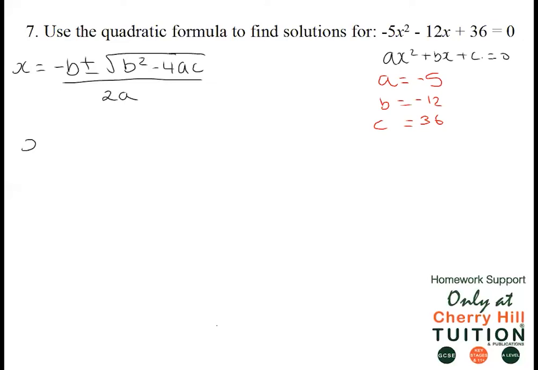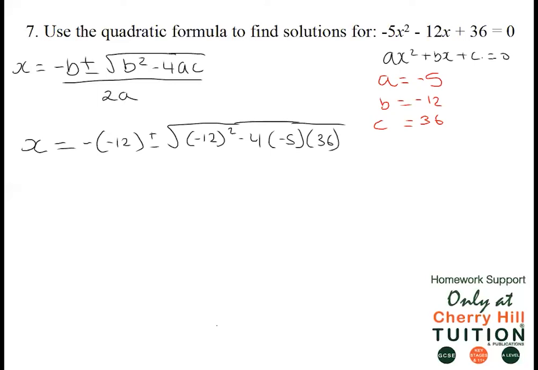So remember to use our brackets. So x is equal to minus b plus and minus the square root of, sorry, not minus b squared, the square root of b squared minus 4 multiplied by a, which is minus 5, multiplied by c, which is 36, all over 2 multiplied by a.